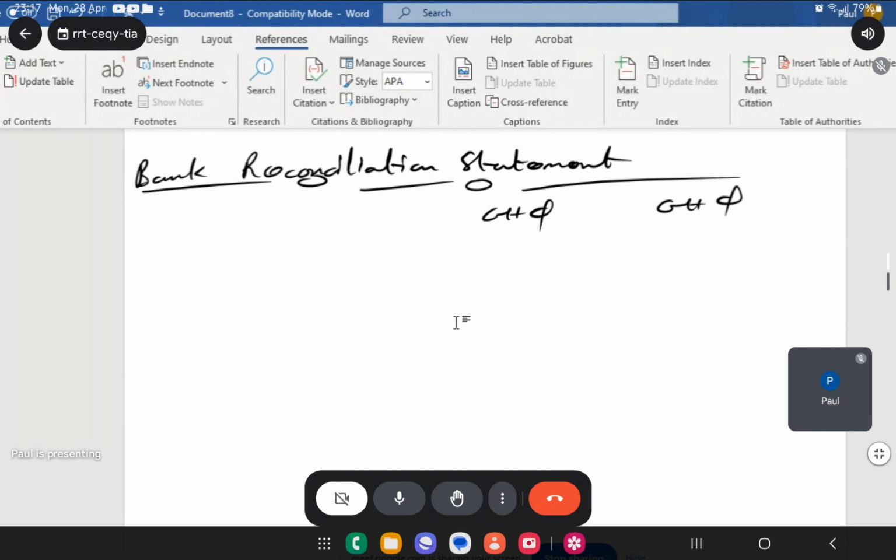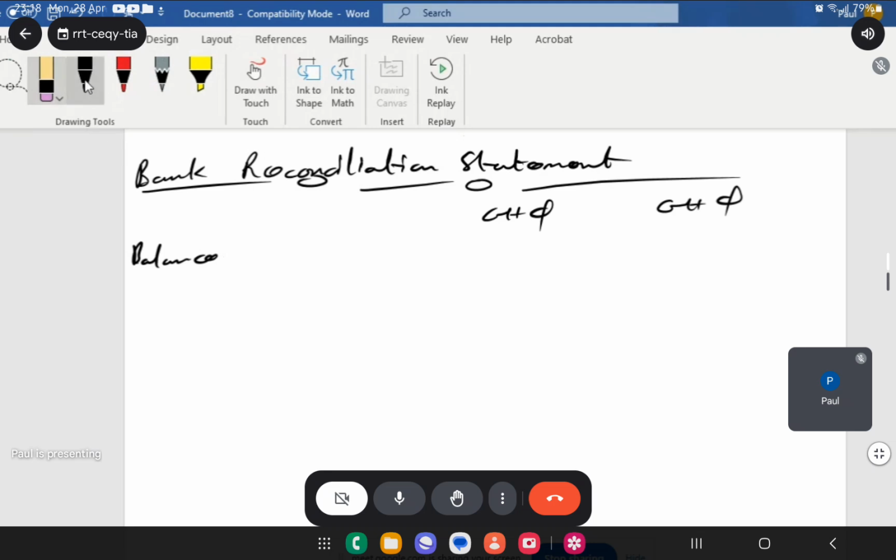Yes. So first of all, you start with the balance as per adjusted cash book.